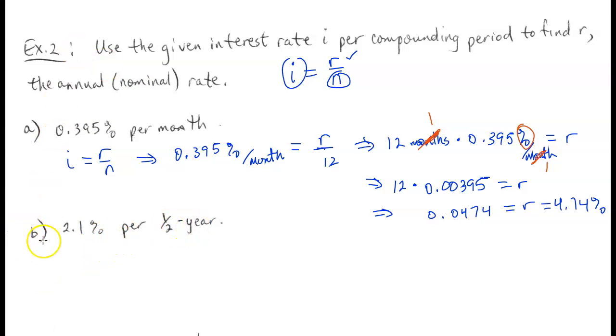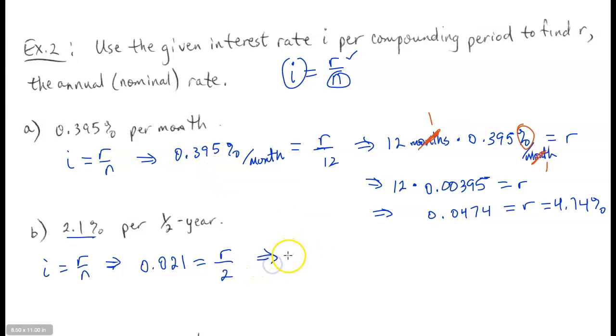So for our next example, kind of the same thing. We know what we're working with here. So we have this. We know that this 2.1% is going to be per half year. So I'm just going to go ahead and translate into a decimal immediately here. So this will be 0.021, and that should equal R divided by 2, because if we're doing this per half year, that means it's semi-annually.